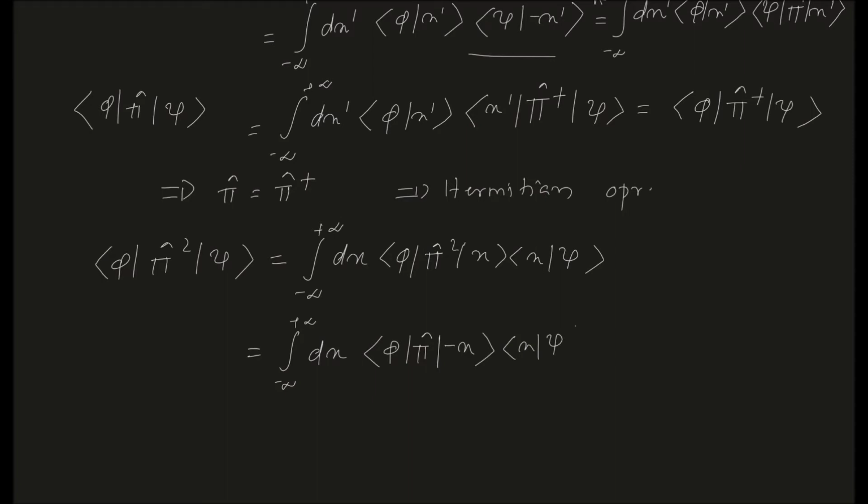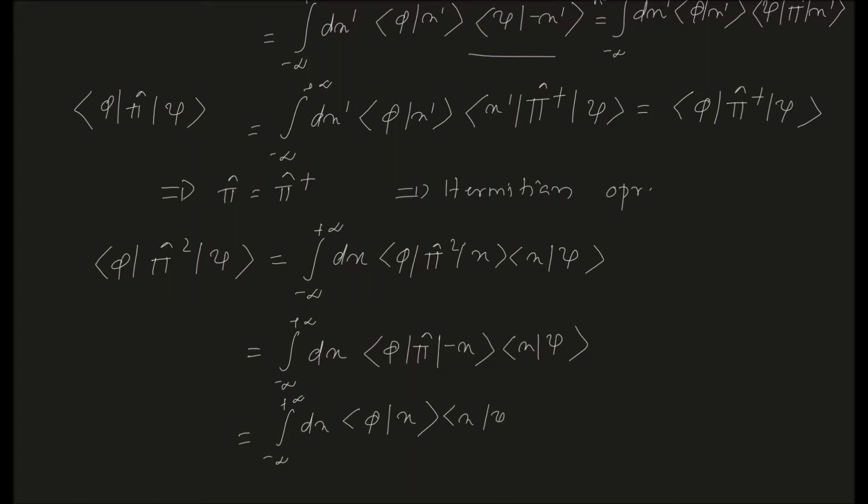This is equal to the integral dx ⟨φ|π|−x⟩. Then when π acts once more, you will get −(−x), so that will give x.